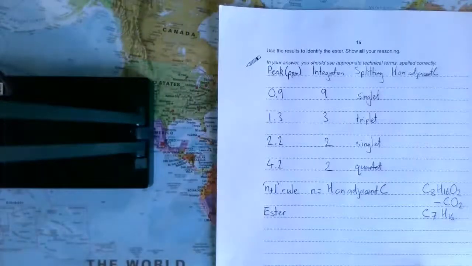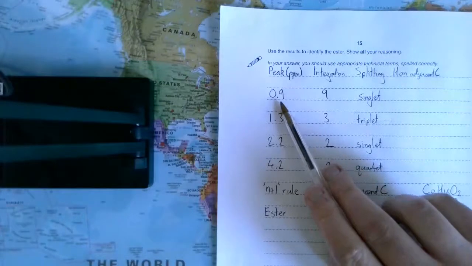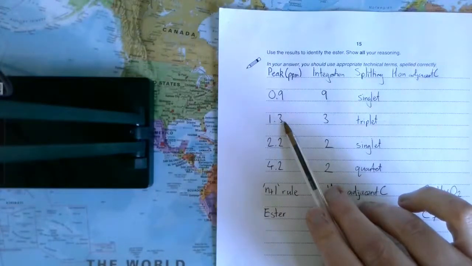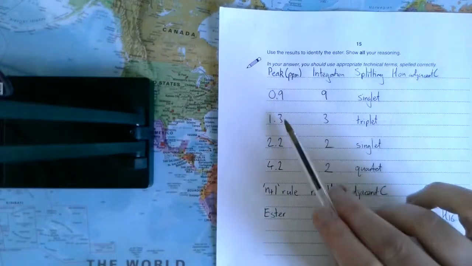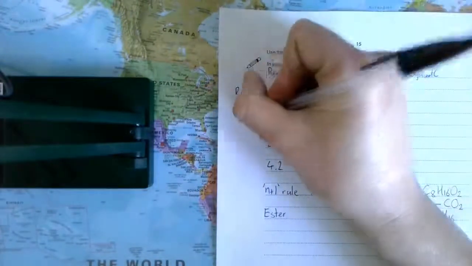So we're going to use this information here. The first thing that I'm going to be looking at is using the data sheet that you've got. Look at the chemical shifts and see which groups these might be. The 0.9 and the 1.3, it is RCH.